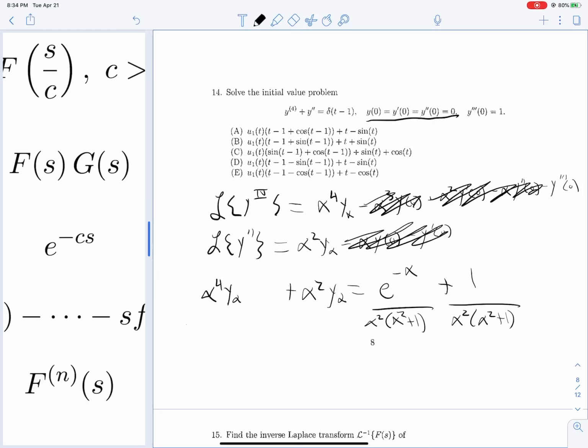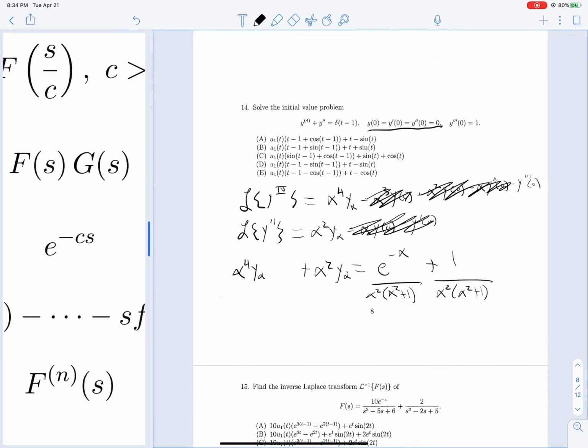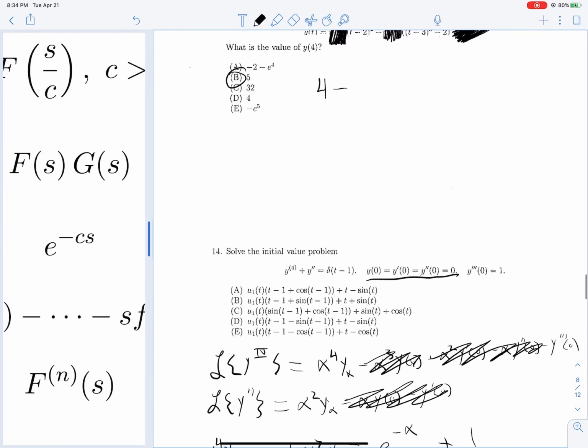Okay, so if we can figure out the partial fraction decomposition of 1 over alpha squared times alpha squared plus 1, we'll be able to solve both of these, because the only difference between these two terms is that this one will have a u1 of t outside of it, and all of the t's in it will be replaced with t minus 1s. So I'm going to use the space over here to do our partial fractions.